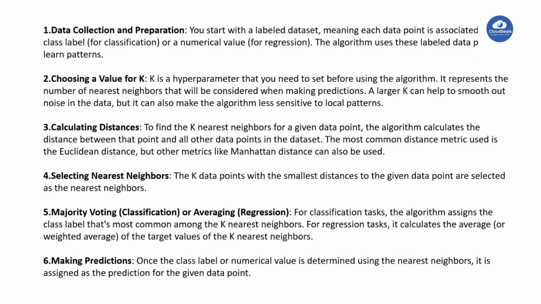Then we choose the value K. K is the main hyperparameter we need to set before building the model. It represents the number of nearest neighbors that we'll consider when making predictions. For example, take one data point which is very near to class 0. Whenever a new data point comes, say I gave k as 3.